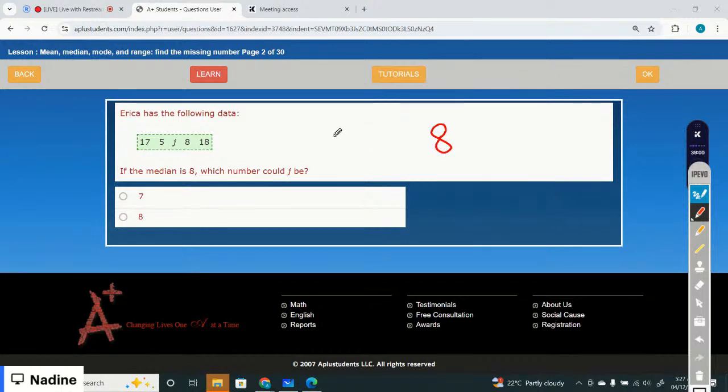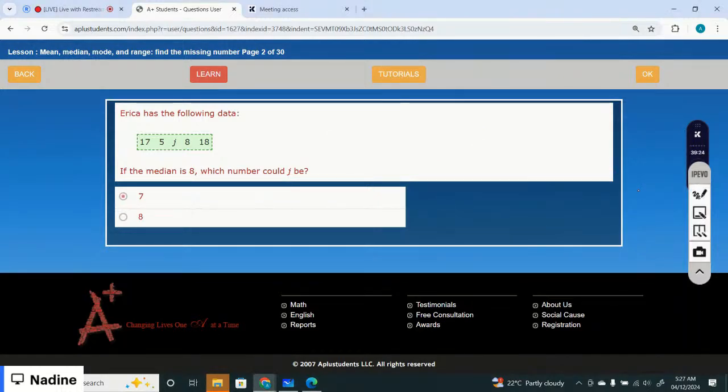Before 8, you have all the numbers that are less than 8, and after the 8, you have all the numbers that are greater than 8. J must be less than 8, right? So the correct option is 7. Option number 1 is the correct option.